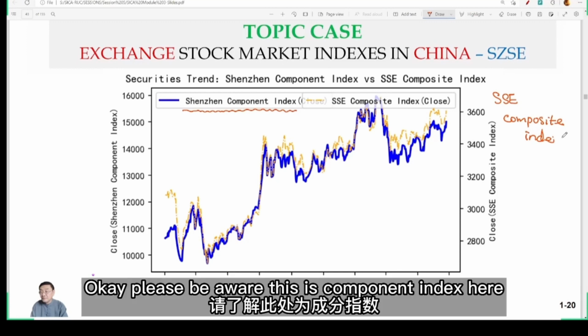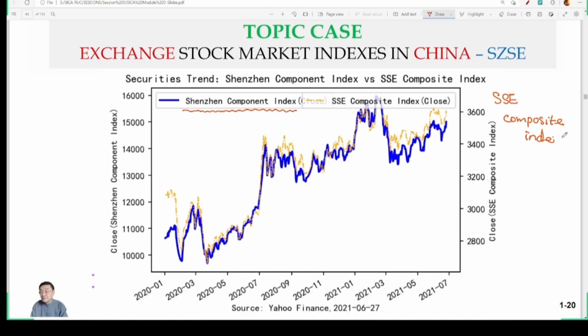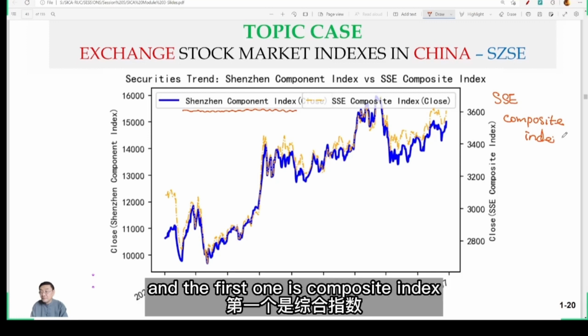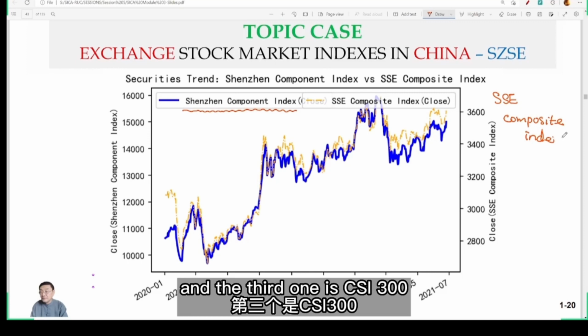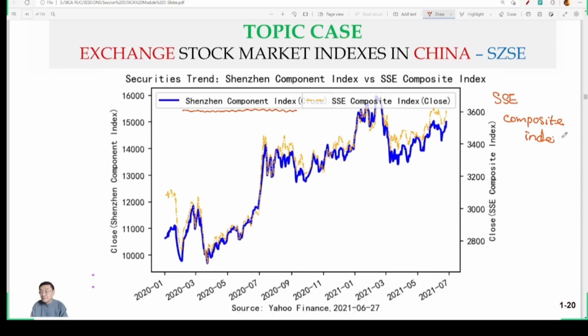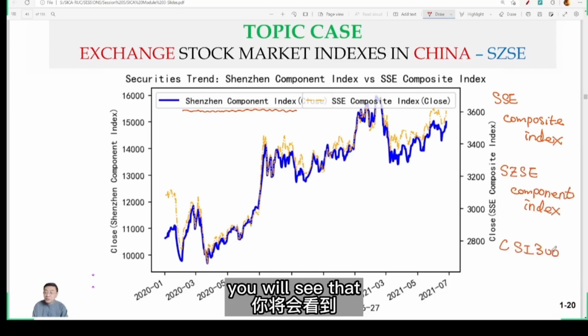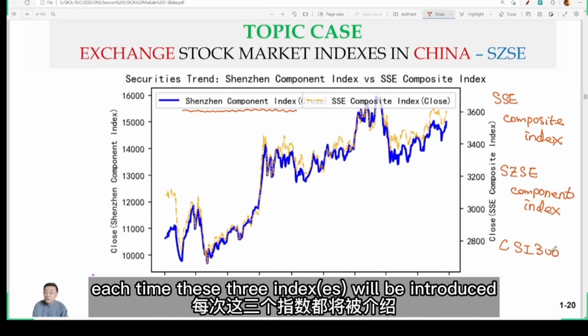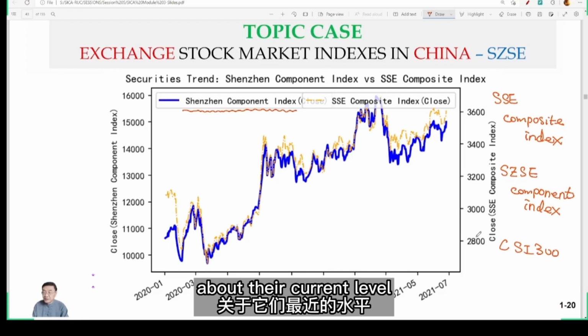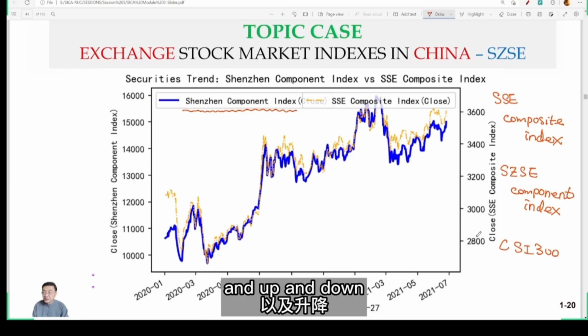Please be aware this is a component index here, and the first one is a composite index. And the third one is CSI 300. Next time, when you watch financial news on TV, you will see that each time these three indexes will be introduced with their current level and ups and downs.